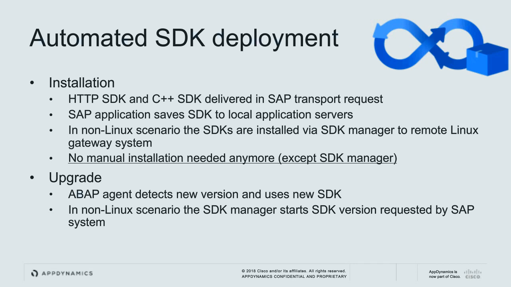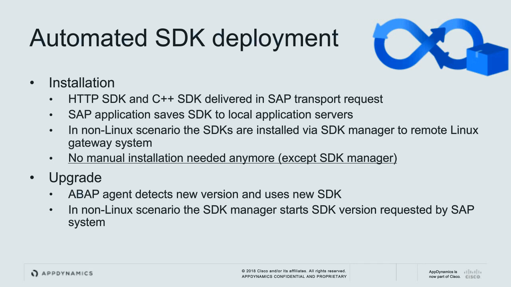On non-Linux systems, we use a gateway, but with this automated deployment, we can upgrade it and manage the SDK automatically. It's all done when you update your transport with the new code, and then automatically everything is updated for you, so making it easier to deploy, upgrade, and manage the solution.